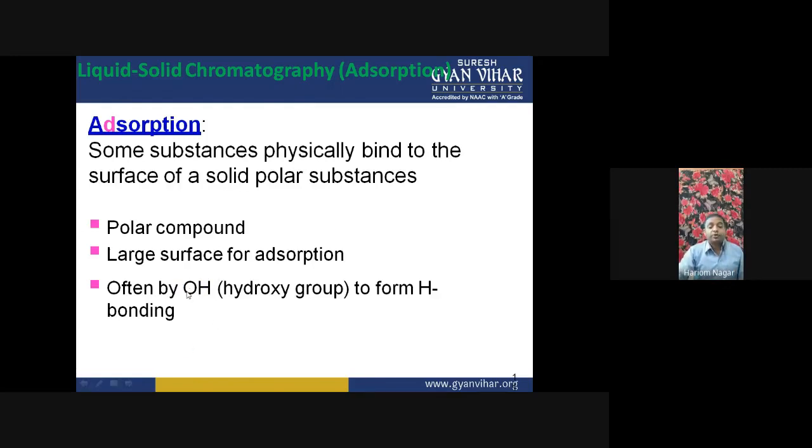If the component forms hydrogen bonding more strongly with the stationary phase, then the component would be retained for more time in the column and would move with a slow rate, and elute later. And vice versa.